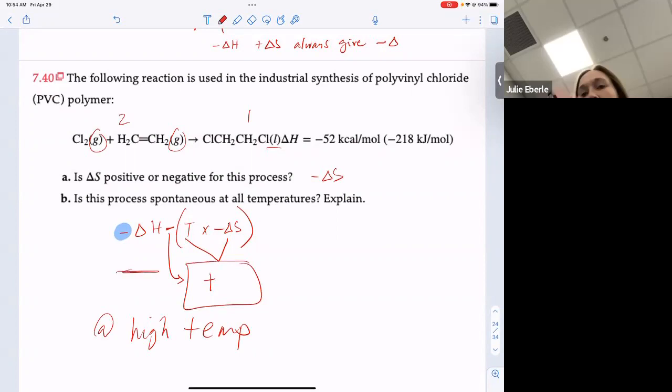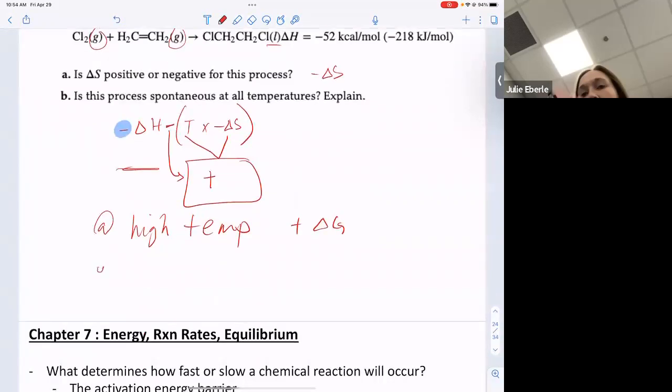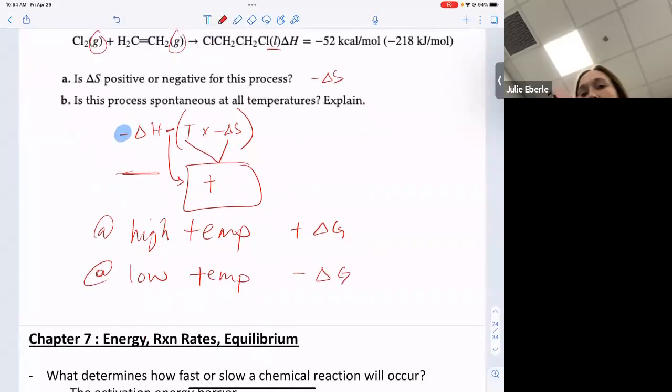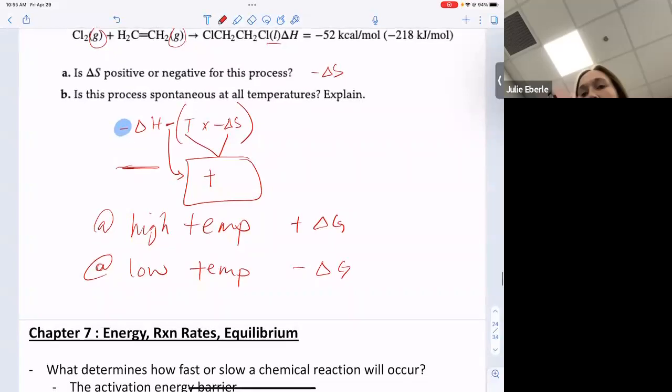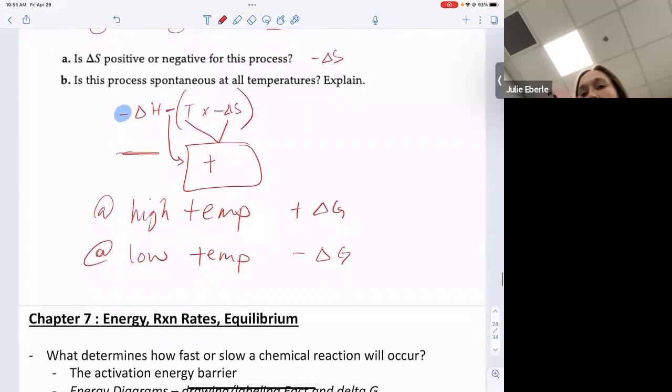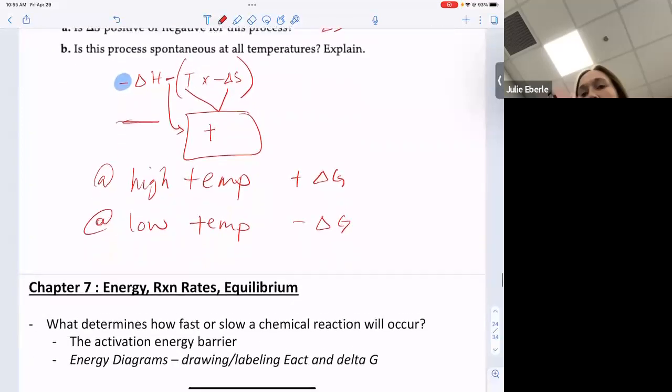So at high temps, we'd have positive delta G. And at low temps, we're more likely to have a negative delta G. So it's more likely to be spontaneous at lower temperatures, non-spontaneous at higher temperatures.